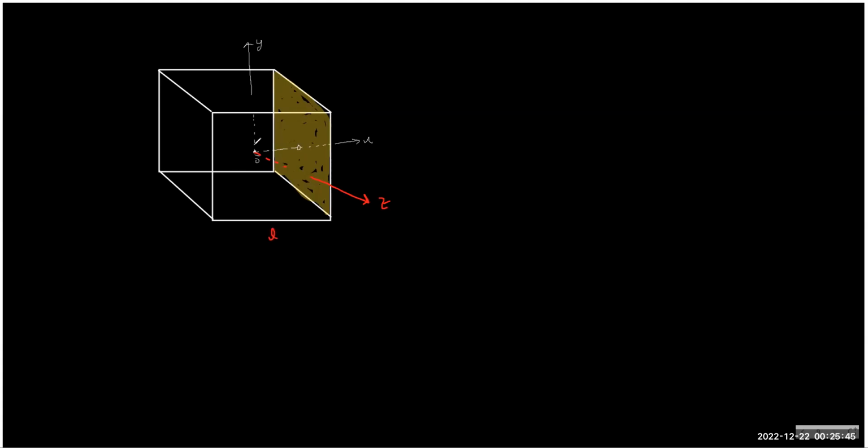we have a molecule here, and a molecule is free to move in any direction. So can we assume the components of velocity as Vx, Vy, Vz? Okay.